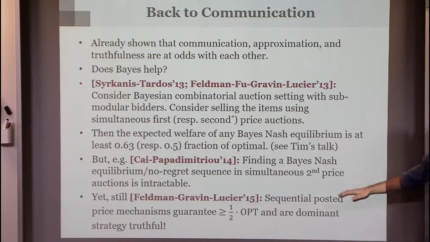Feldman, Gravin, and Lucier very recently have shown that there exists a sequential posted price mechanism that guarantees a half fraction of the optimal revenue in a Bayesian setting. And this mechanism is basically trivially truthful. Bidders come one after the other, and select their best bundles out of the remaining bundles, subject to the prices that are there. So Bayes really helps in communication.